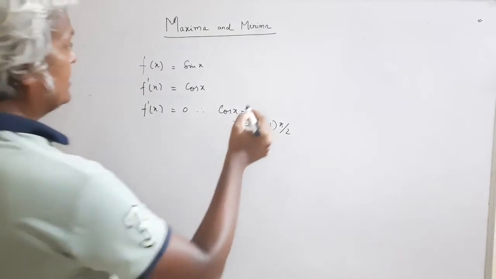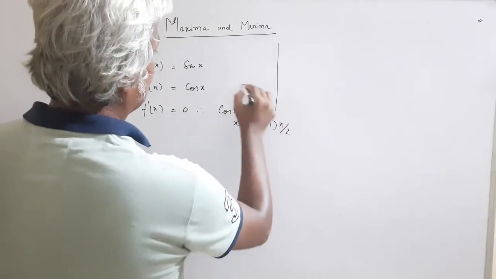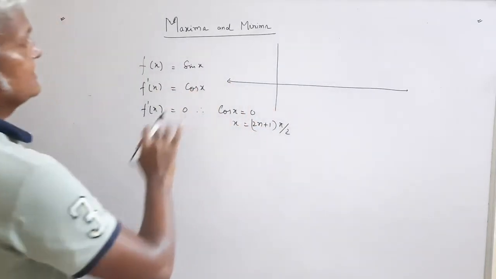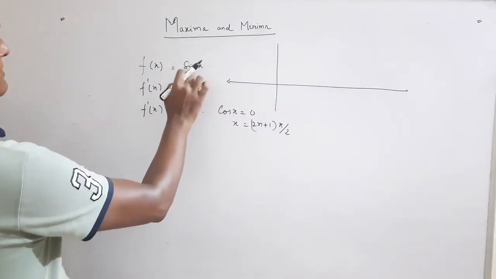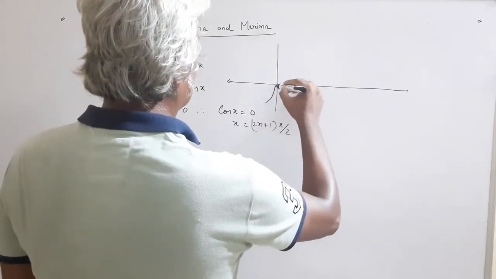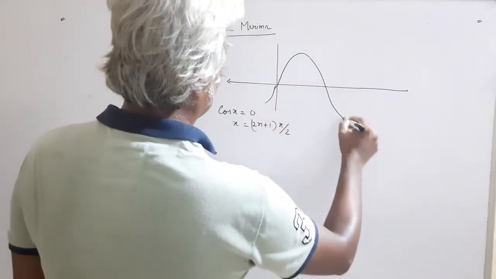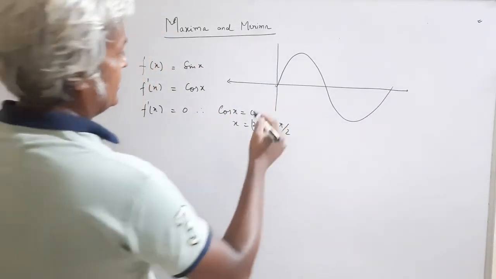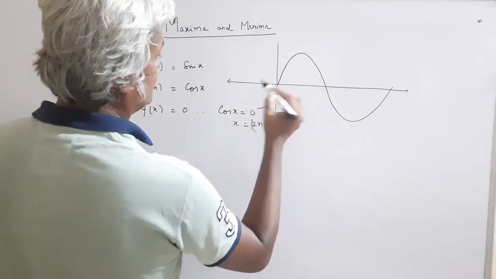Now if I plot the function, or better I say sin x, because we have to find the maximum and minimum of sin x, the graph goes like this. Before 0 I am not plotting, you can take it before 0 also.